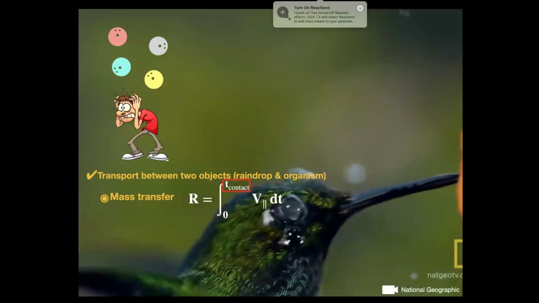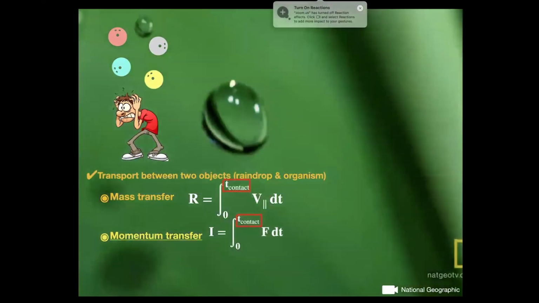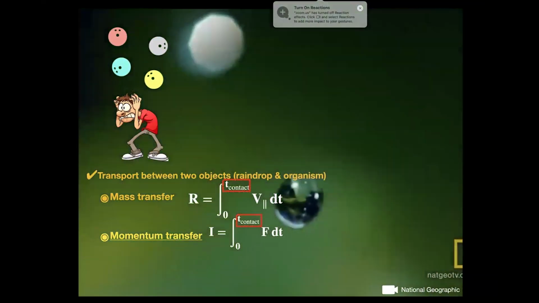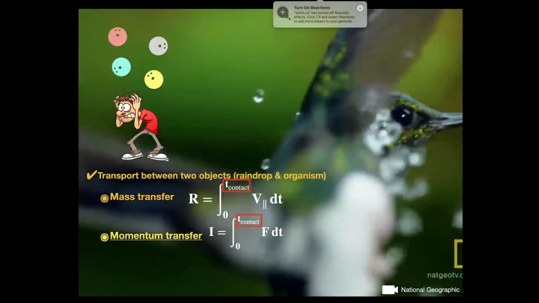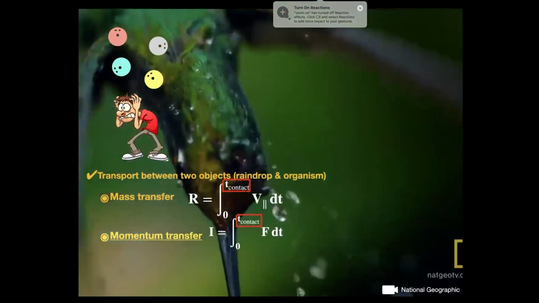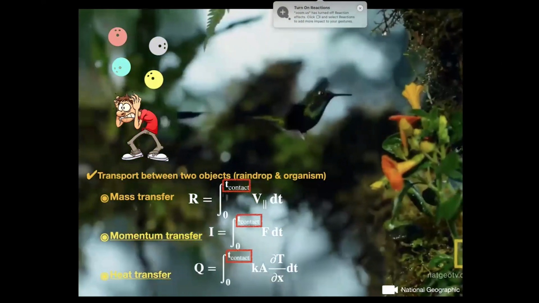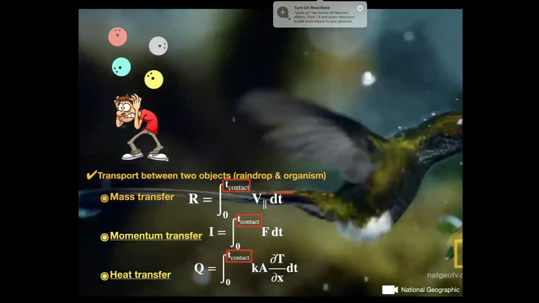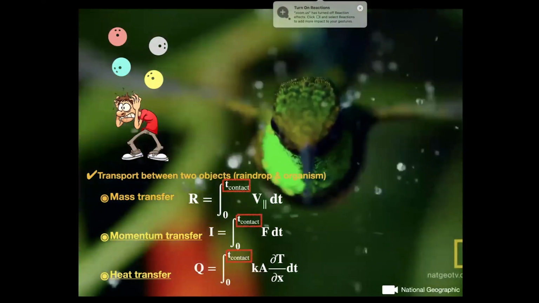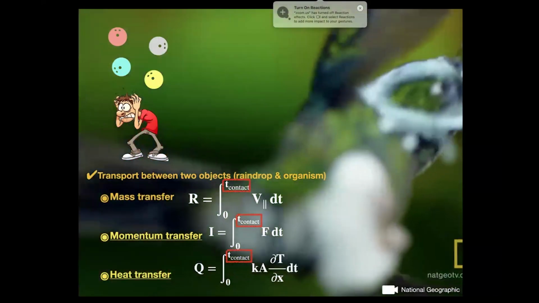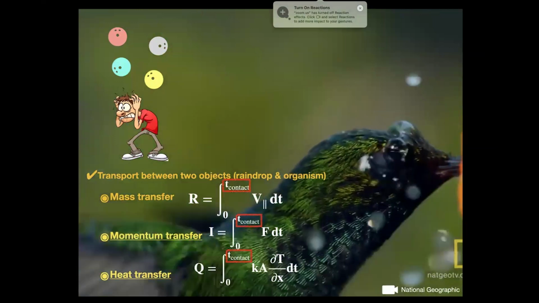The second is momentum transfer: when the raindrop impacts a flexible surface, you see bending or a change in the velocity of the impacted surface. The third is heat transfer: if the raindrop is cold enough, heat can be transferred between the object and the raindrop. That's why when you walk in the rain, you lose body temperature, right?